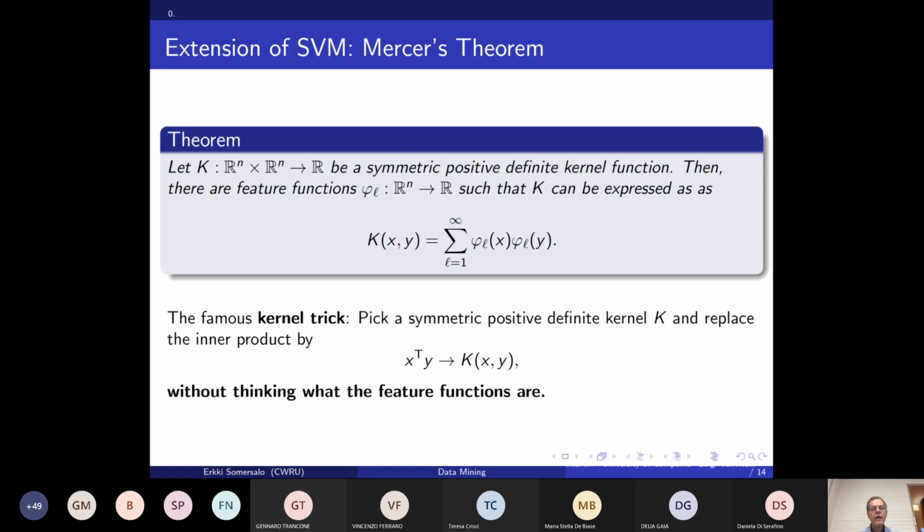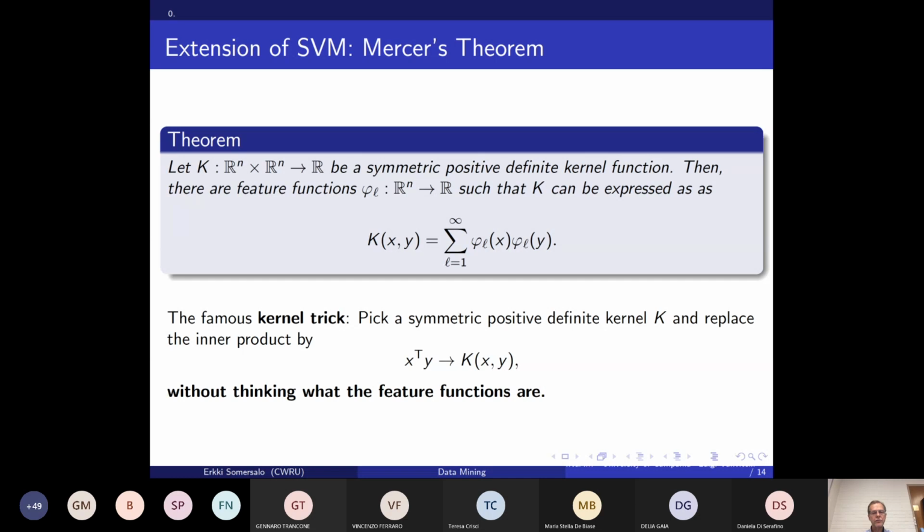So what have we so far? If you have feature vectors, you can always define a kernel, and the kernel is a symmetric positive definite kernel. Conversely, if you give me a symmetric positive definite kernel, by Mercer's theorem there is always an infinite amount of feature vectors so that my kernel can be expressed as a symmetric product of those feature vectors.